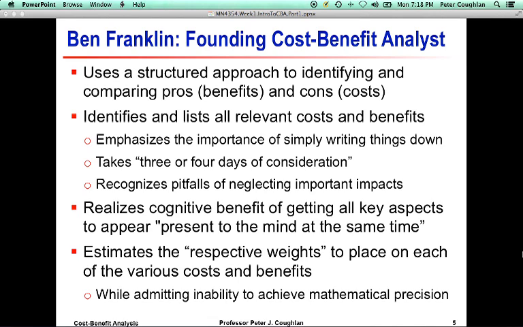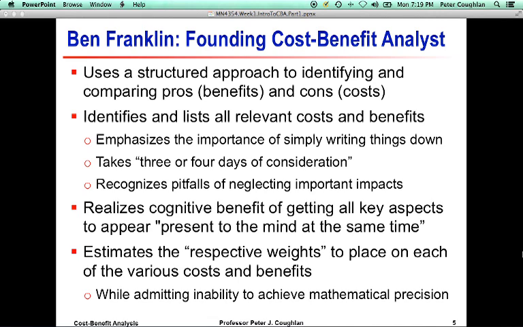Right? One of the big challenges in cost-benefit analysis is the weighting of particular pros and cons, particularly where they're non-financial. How do we measure things like the value of life, the value of time, the value of convenience, the value of, say, clean air.